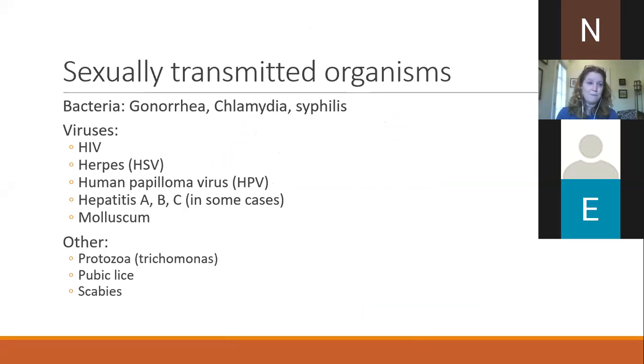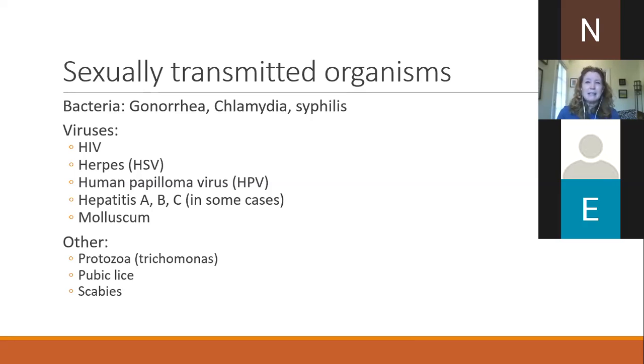For those of you who aren't biology majors, remember that a bacterium is just a microbe that is its own organism. It is an entity unto itself and can survive outside of a cell. These are things like gonorrhea, chlamydia, and syphilis. Compare that to a virus, which isn't exactly a living body.